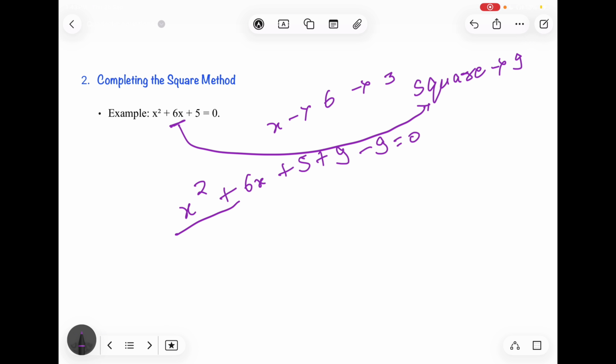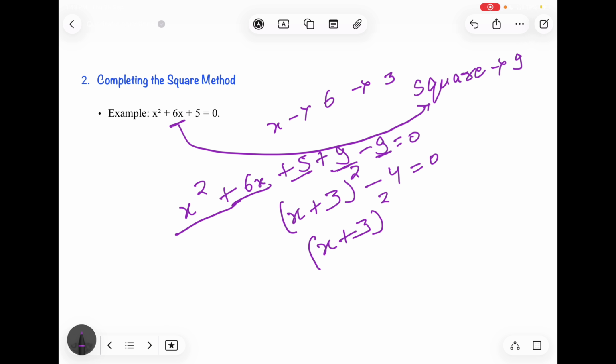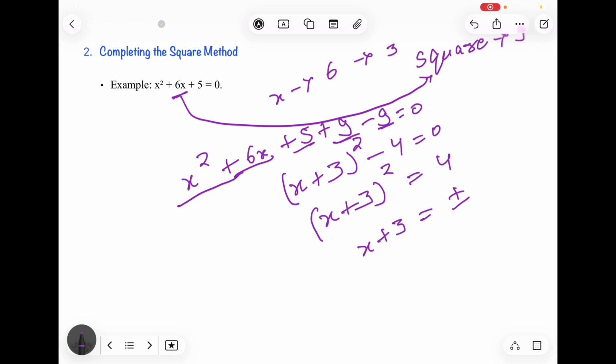Now I can see over here square of x plus 3. Now the remaining terms will be equal to minus 4. Now I can rewrite this equation as x plus 3 square is equal to 4. From over here, on square rooting both sides, I will get x plus 3 is equal to plus minus 2.